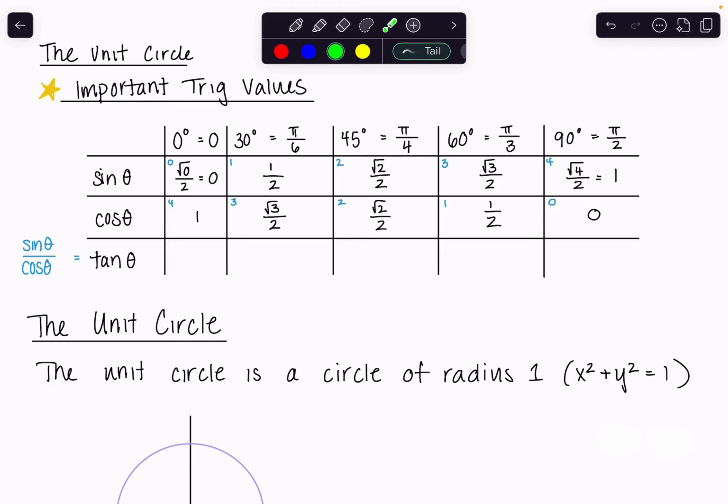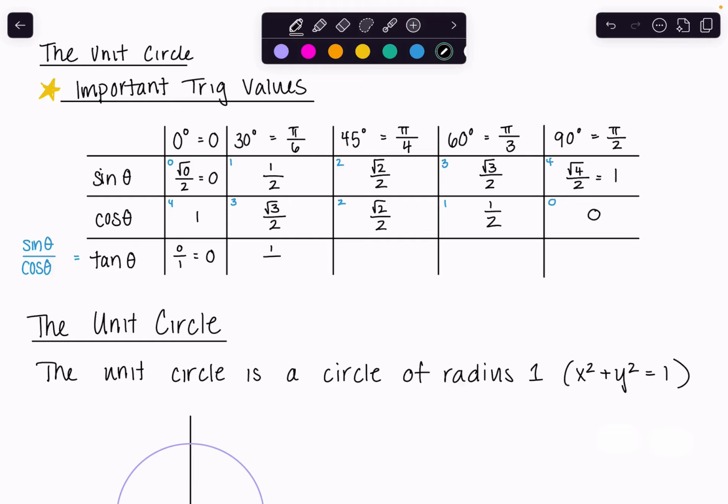To find tangent, you just take sine divided by cosine. So that's 0 over 1. Tangent of 0 is 0. When it comes to these where you have denominators, because they're all the same in both fractions, they cancel each other out.